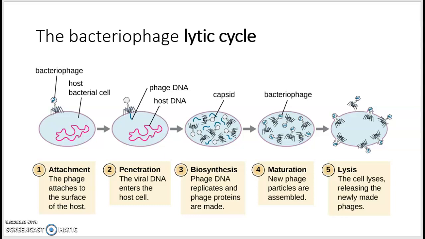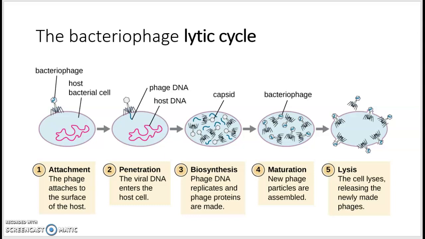So once the DNA is inside the cell in step 3, the host cell is tricked into transcribing those viral genes, translating the viral proteins, making new virus particles, and replicating the DNA genomes. In step 4, those viruses are assembled in a step that's called maturation here.